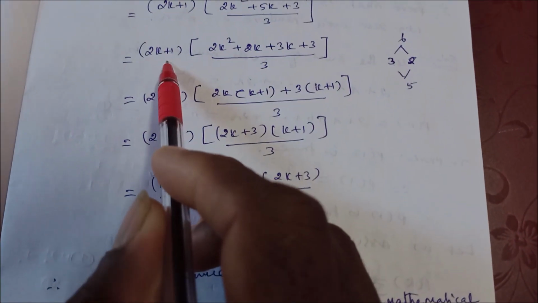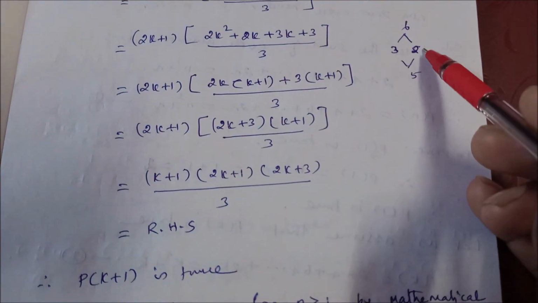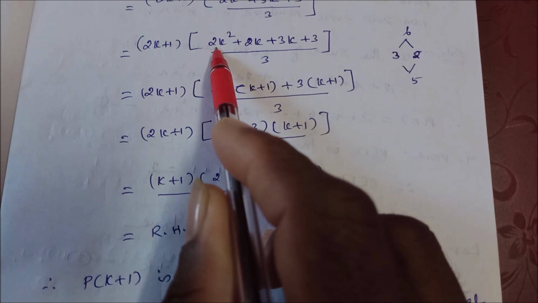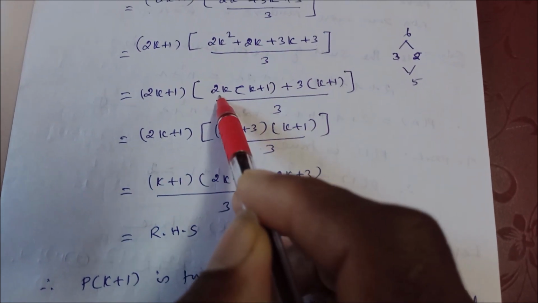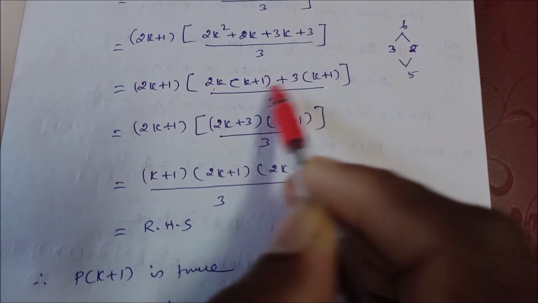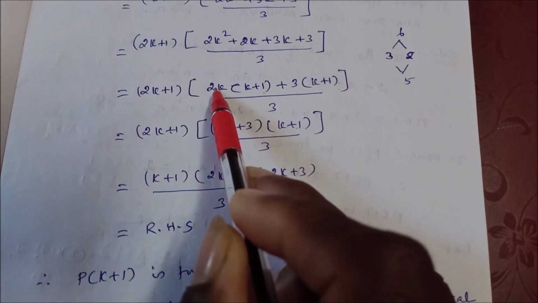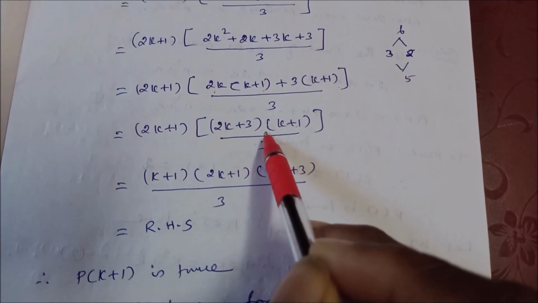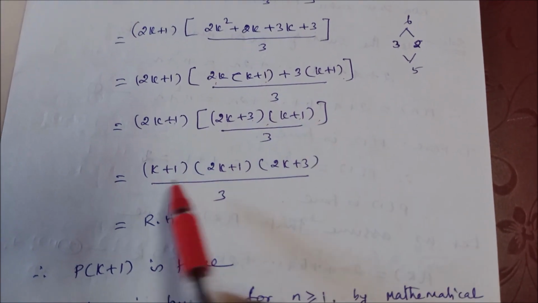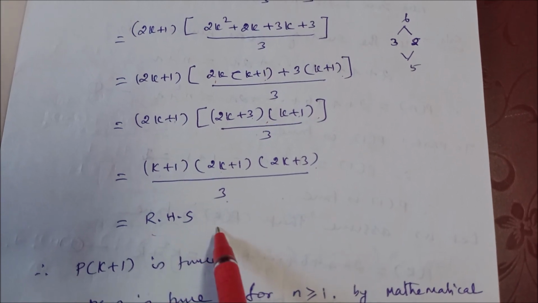Factorizing 2k square plus 5k plus 3 into 2k plus 3 and k plus 1: the common factor is k plus 1, the remaining factor is 2k plus 3. Therefore k plus 1, 2k plus 1, 2k plus 3 by 3, equal to the RHS term.